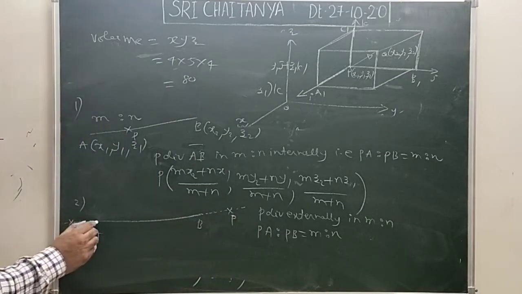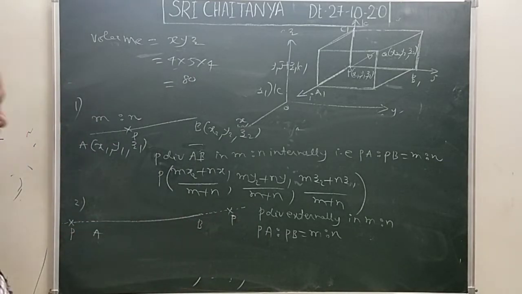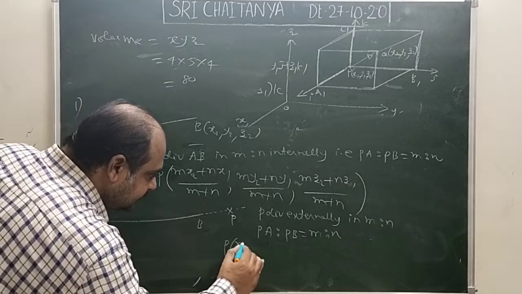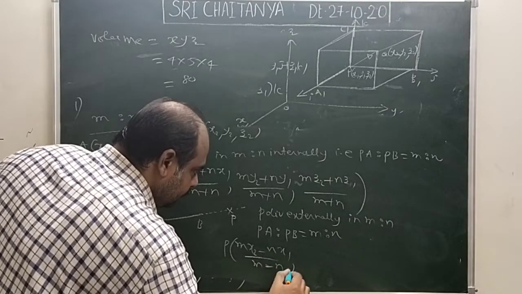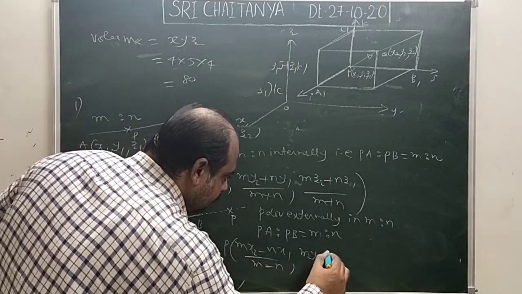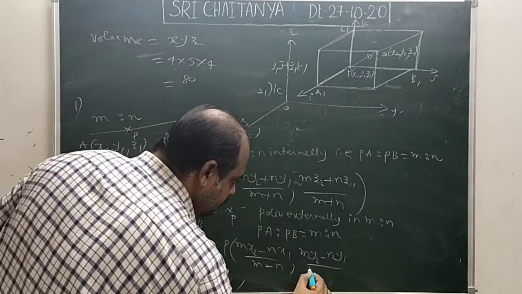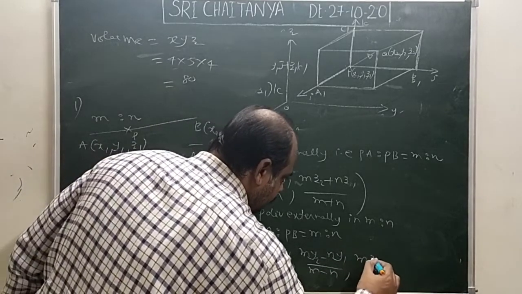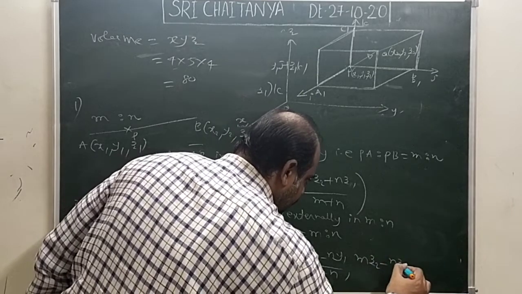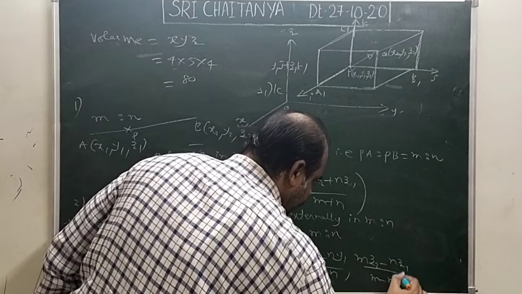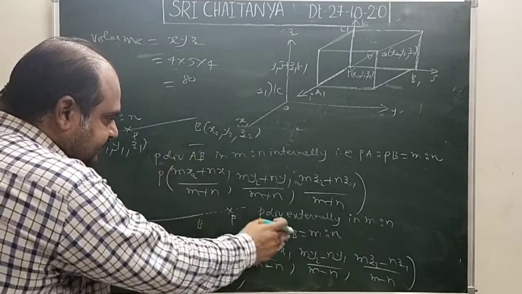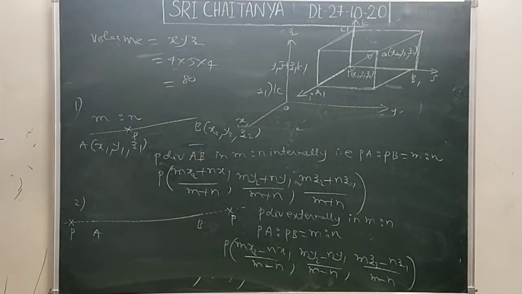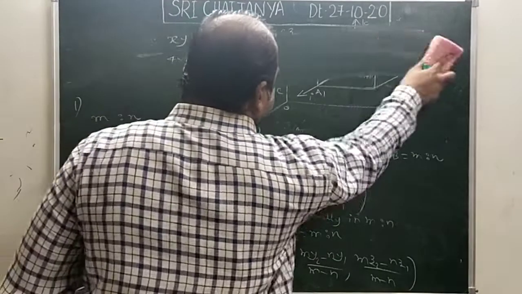If it lies on this side, PA is to PB is m is to n. Then the point P is what? Just minus. So this is the point. So internal division point m is to n, external division point m is to n. Let us solve two problems on this. Last two problems.